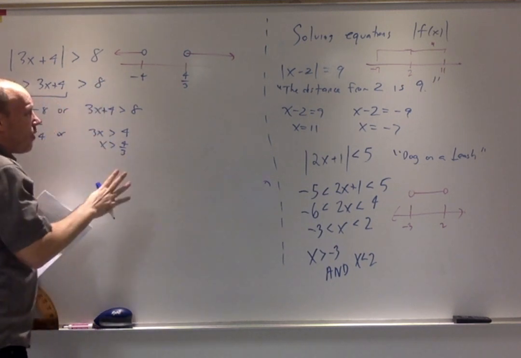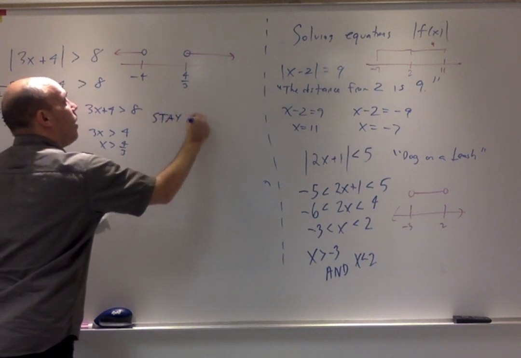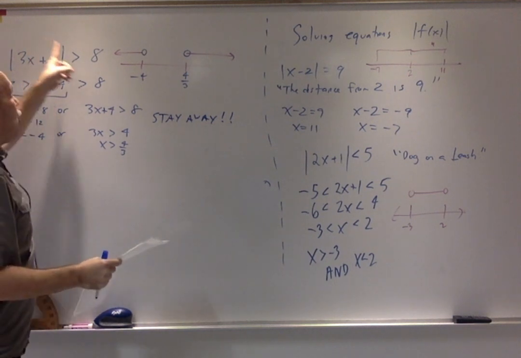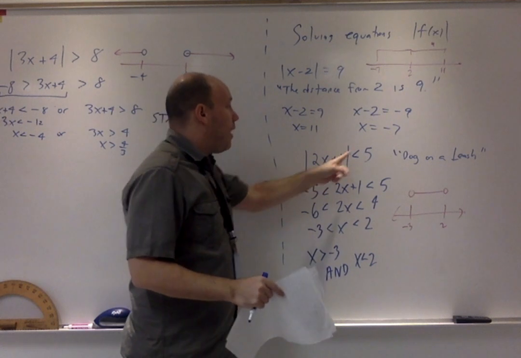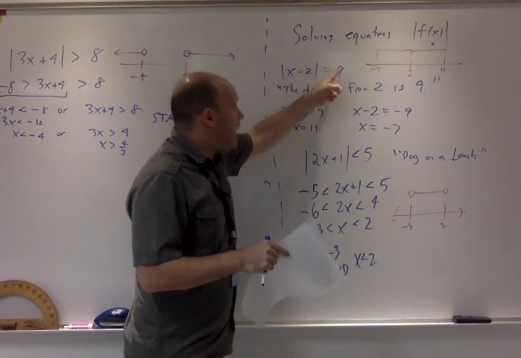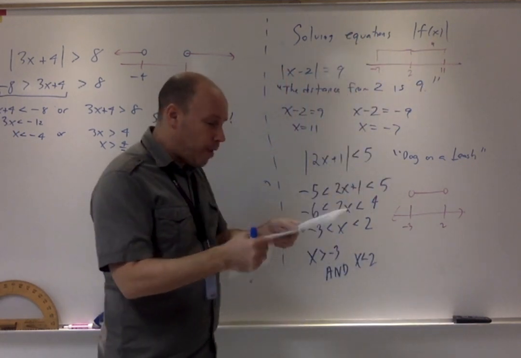But either way, this is the idea, and I call this stay away. The second you see absolute value greater than a number, stay away. Absolute value less than a number, dog on a leash. And absolute value equal to a number, specific locations at a specific distance.